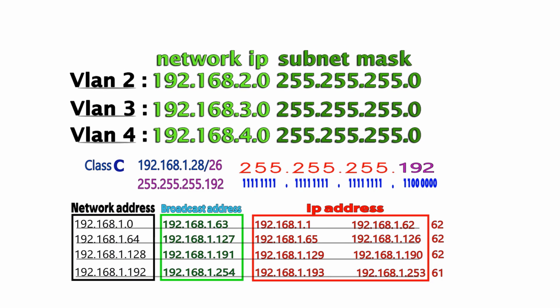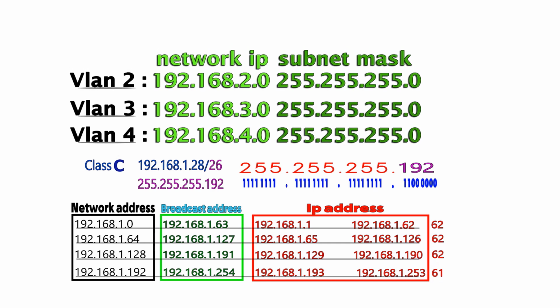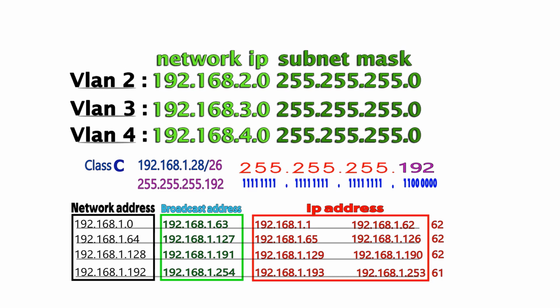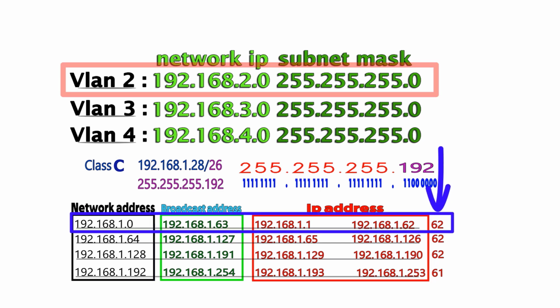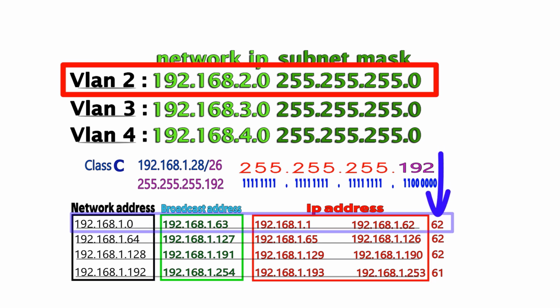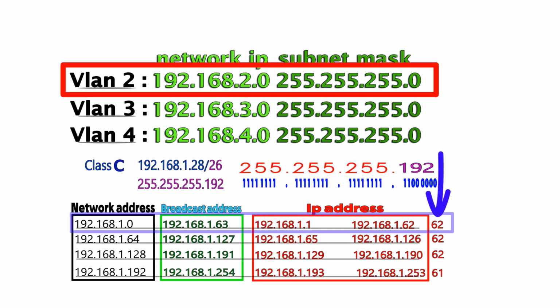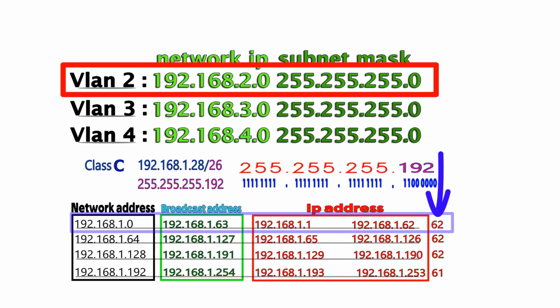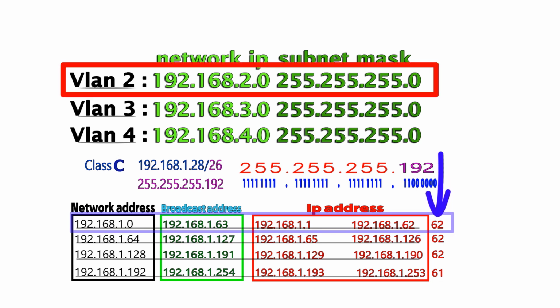Basically, I use Class A, B, or C depending on the number of computers I have in the network and the number of networks that I need. Here we used Class C, so we will divide the first network into a number of networks, and each network has a specific number of IP addresses. Thus, we divided it into 4 networks, and each network has 62 hosts, meaning 62 IPs.